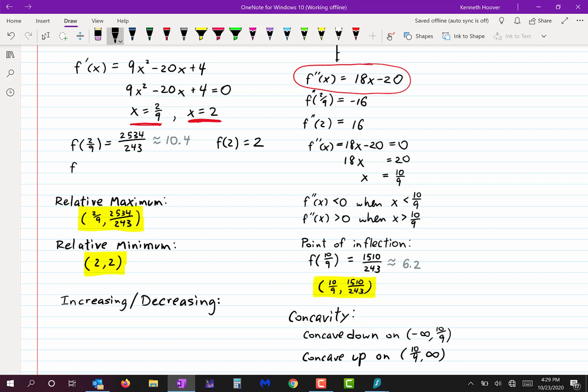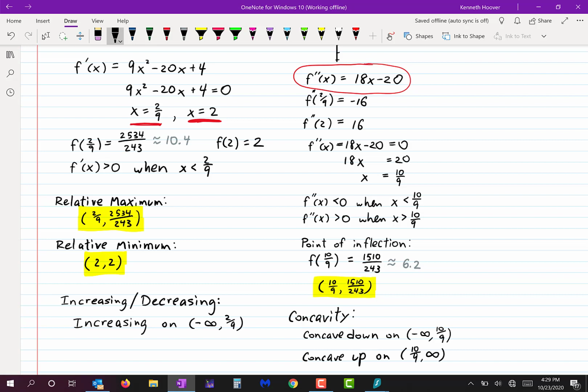I think you're going to find that f prime is positive when x is smaller than 2/9, which means the graph is increasing on the interval from -infinity to 2/9.